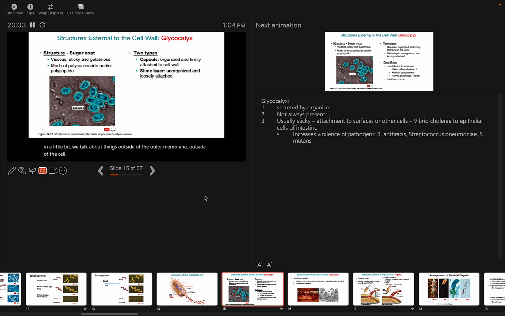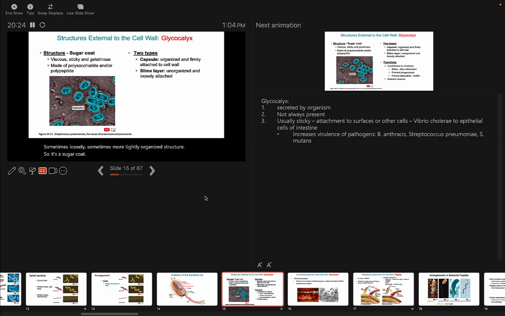So outside of the cell, some cells can make something called a glycocalyx. It's a sticky, mostly polysaccharide, sometimes loosely, sometimes more tightly organized structure. So it's a sugar coat.